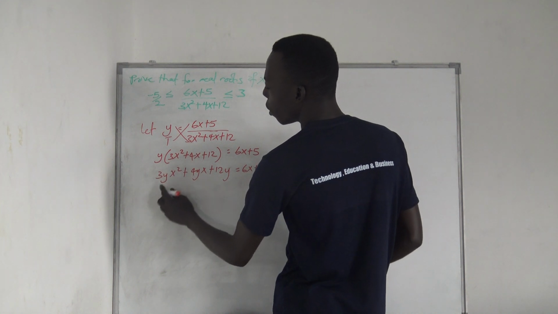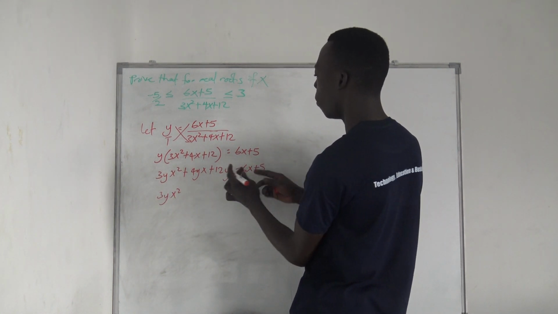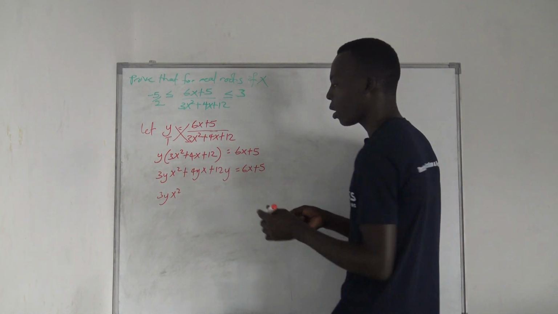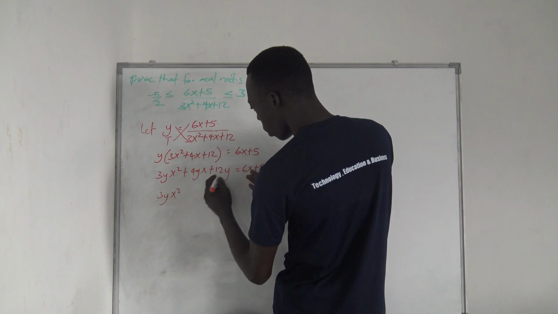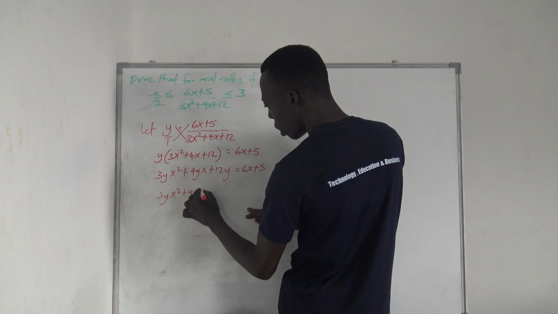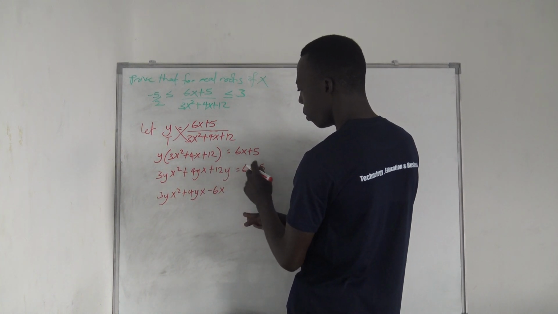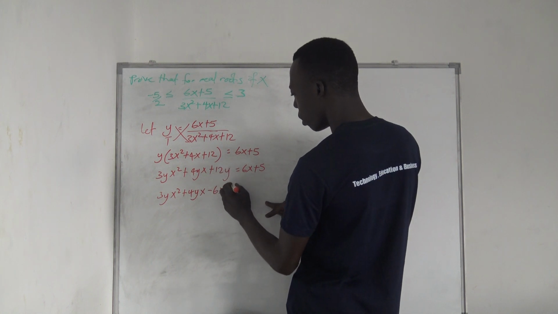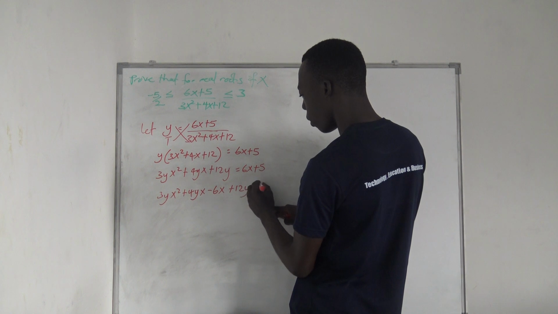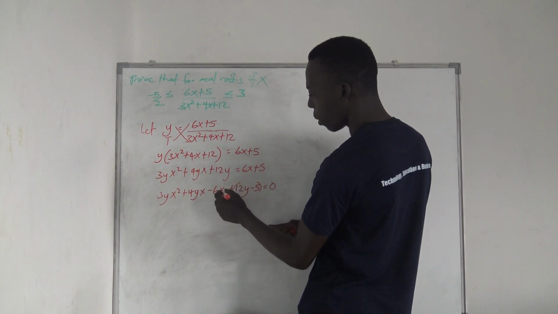We first take 3yx², and since the other terms have the same component of x, we bring them together: plus 4yx, then minus 6x. Taking the other side across, it becomes plus 12y, minus 5, equals 0.